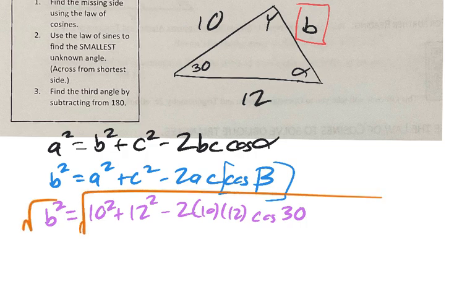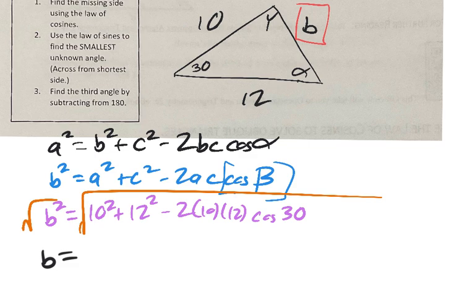So what I'm putting in my calculator is the square root of, and I would just type all that in. Unless you want me to try to do it in my head. Yeah, do it. 100 and 144 is 244. 120, 240.